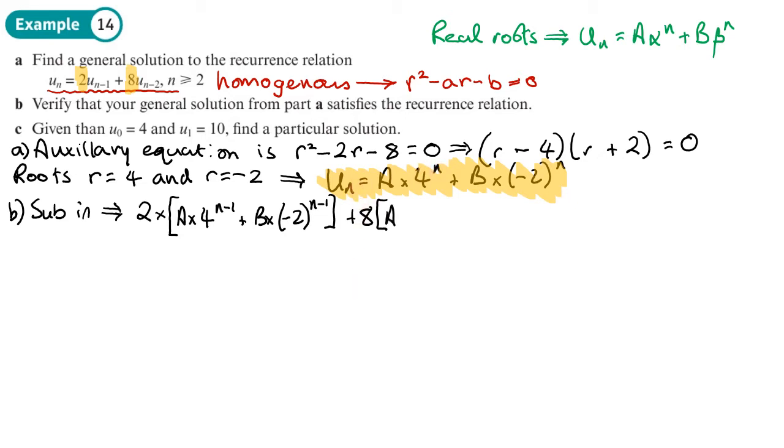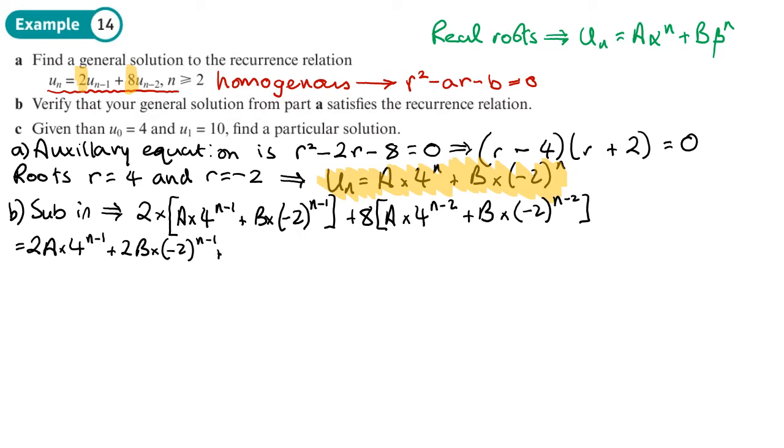So that's a times 4 to the power n minus 2 plus b times negative 2 to the power n minus 2. So we'll start by expanding the brackets. We'll have 2a times 4 to the power n minus 1 plus 2b times negative 2 to the power n minus 1 plus 8a times 4 to the power n minus 2 plus 8b times negative 2 to the power n minus 2.